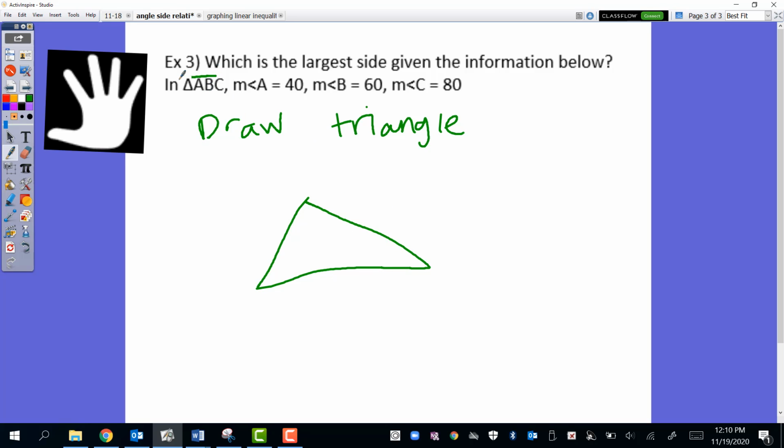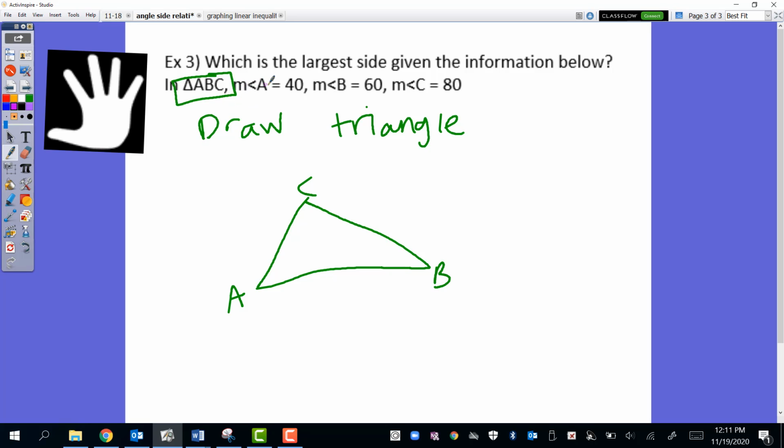I do need to label it with letters. Obviously, I'm going to use the letters that they gave me, A, B, and C. Does it matter which corners I put them in? No. A, B, C. But you do always put letters on the corner, not in the middle of the side. Now, they did give me this information over here.